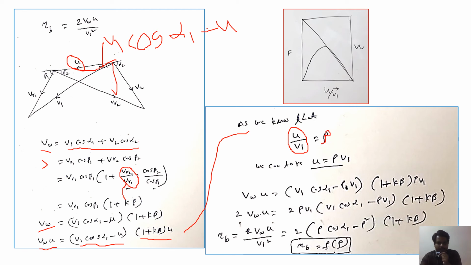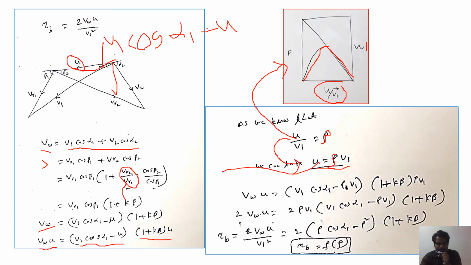If you remember, in one of our previous classes I already explained this chart: if we increase the u by V ratio, the work output W will increase, and after that it will decrease. So from this we can write u equals rho into V1.